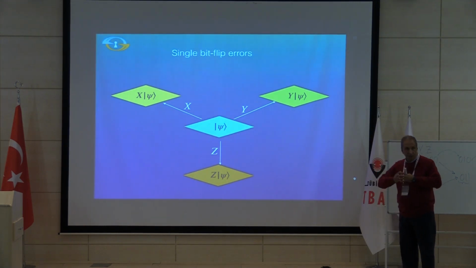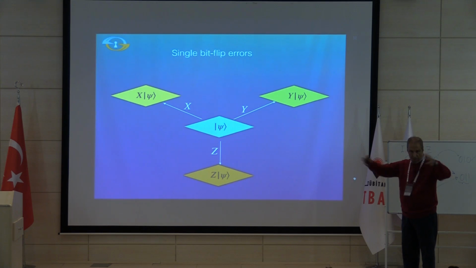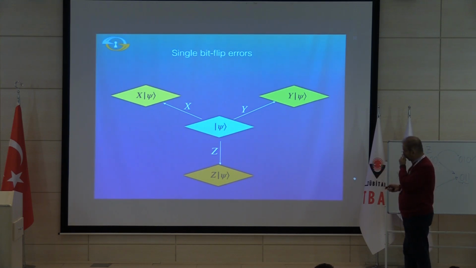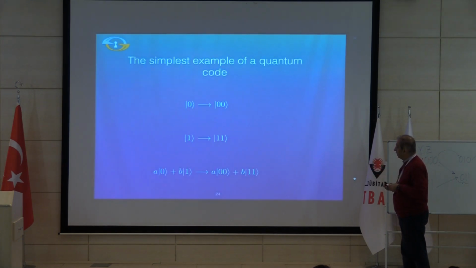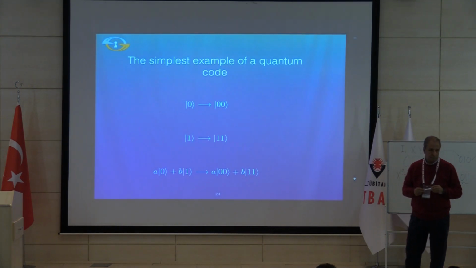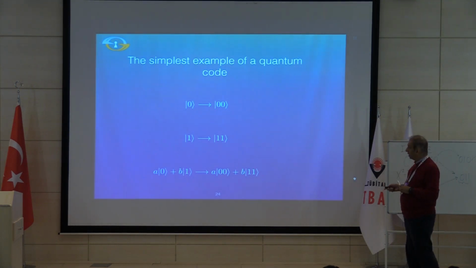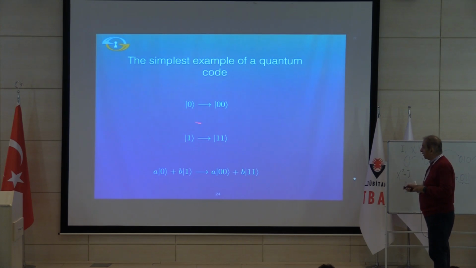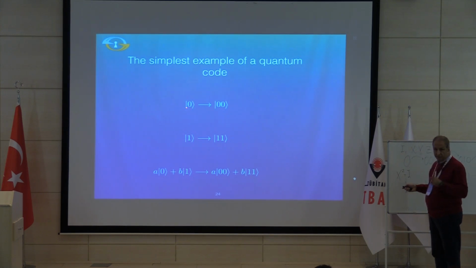So, we agree that we should go to different, orthogonal subspaces. So, the simplest example, okay? I encode a qubit 0 state. This is now a quantum state, it's not the classical case. I encode 0 to 000, and 1 to 111.